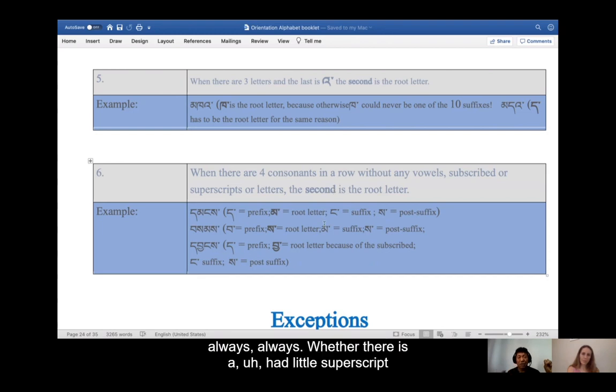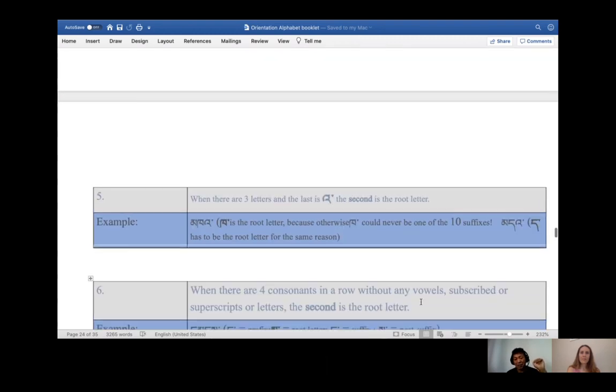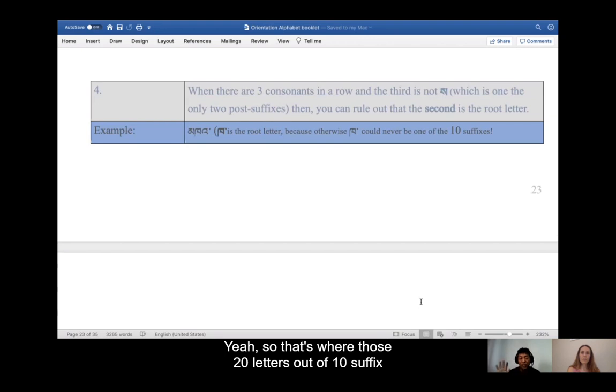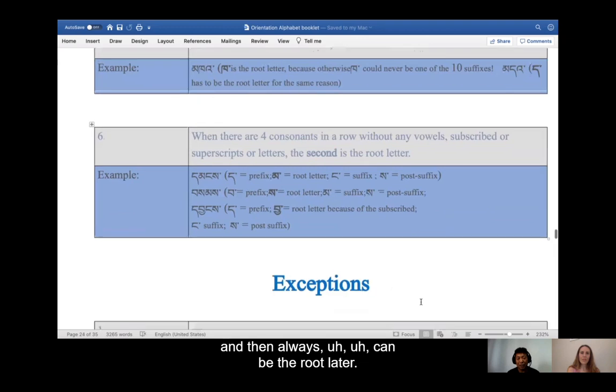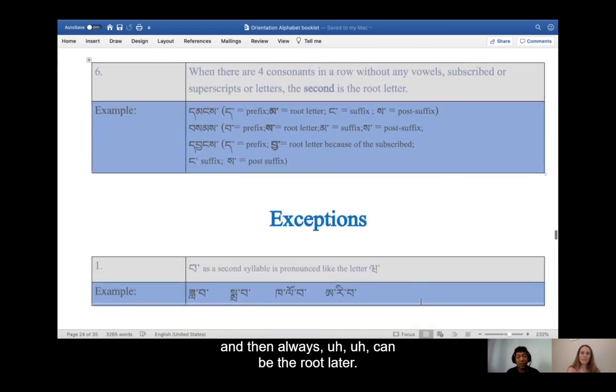Whether there's a head letter, superscript letter, or subscript, whether there's one or not, these 20 letters always remain as the root letter. Remember that even the 5 prefixes come from the 10 suffixes. So those 20 letters, outside of the 10 suffixes, can always be the root letter.